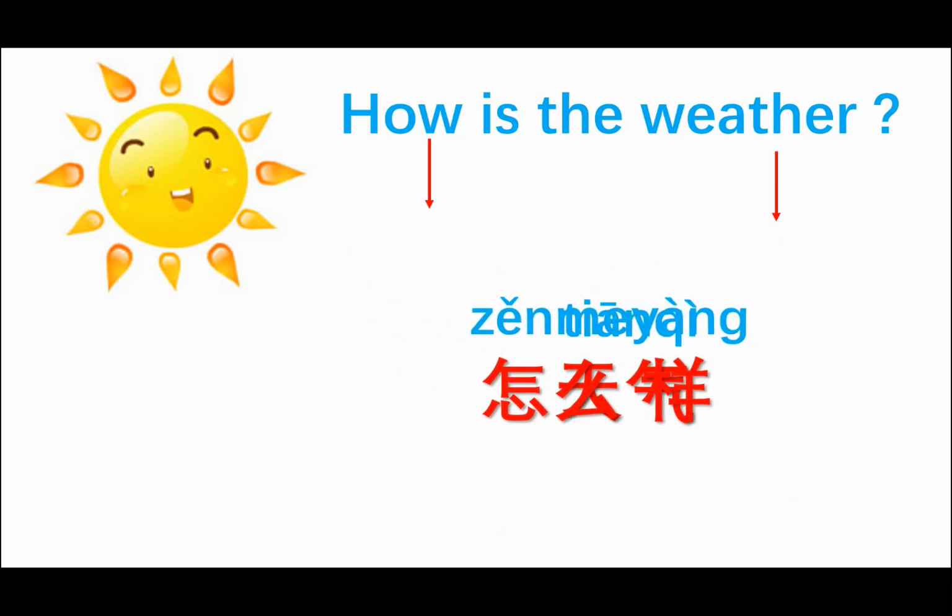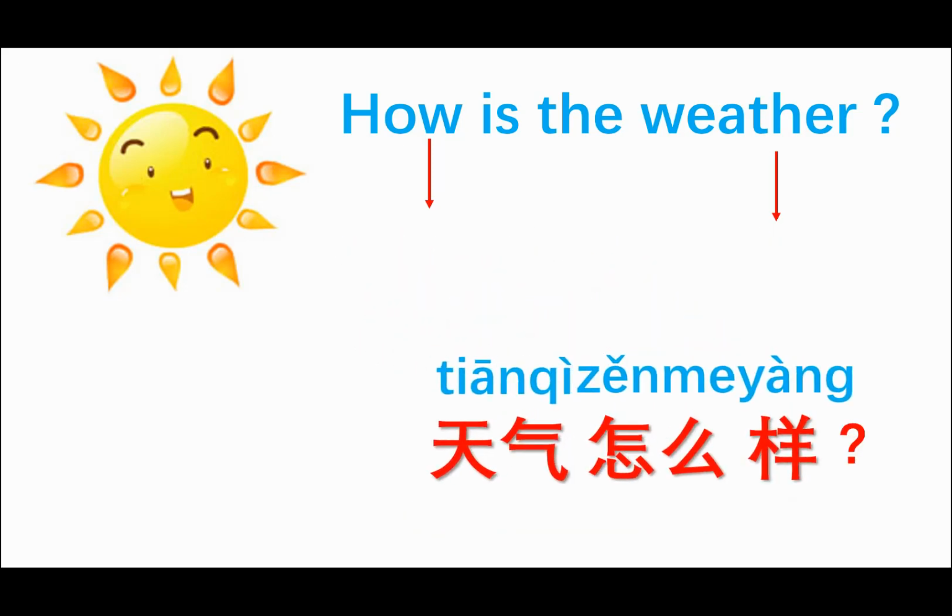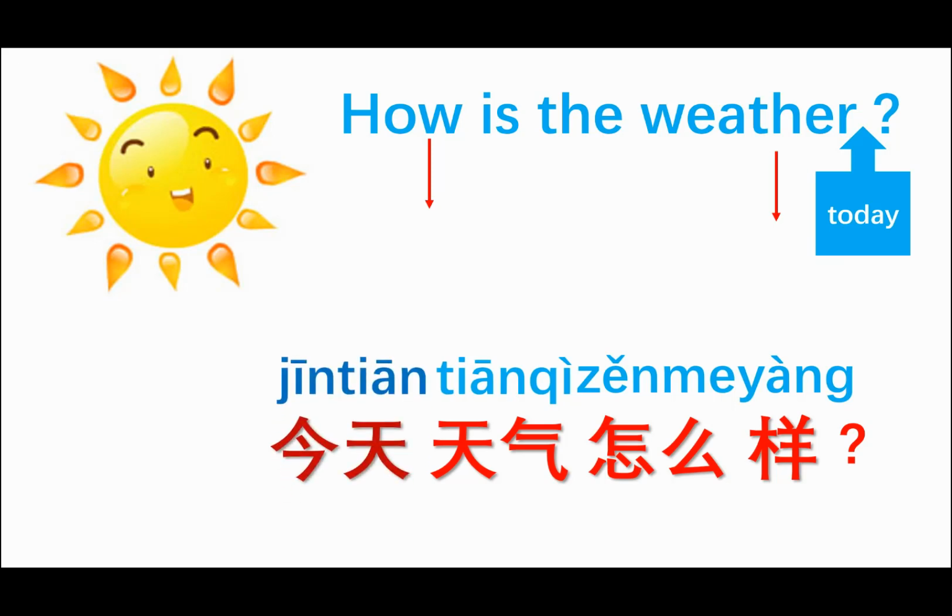Yes, 天气怎么样? 怎么样 is a question word, right? So 天气怎么样? How is the weather? Then, if we add today, can you guess how we say that? Yes, 今天天气怎么样? How is the weather today?